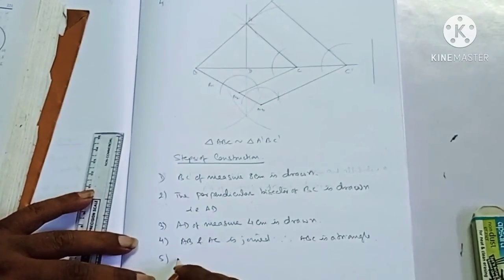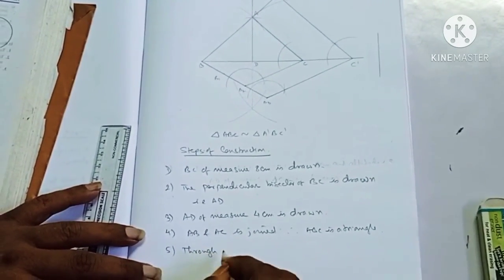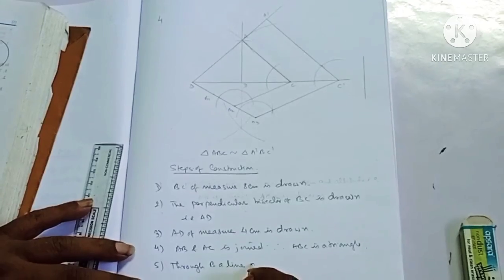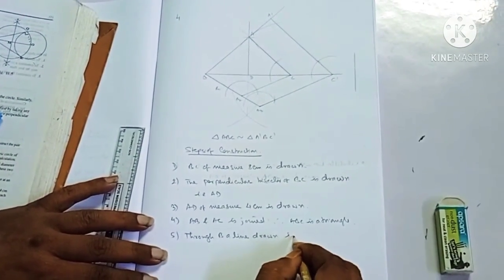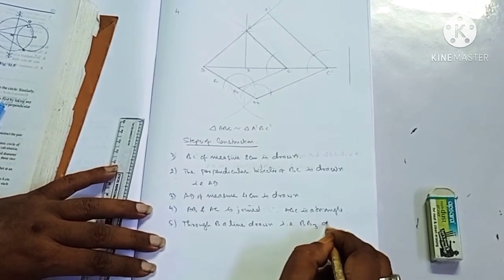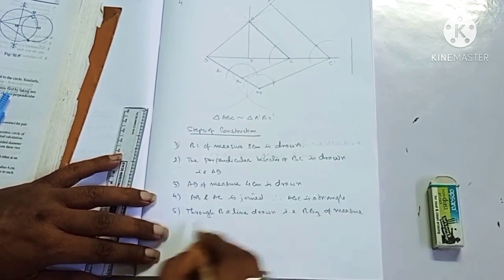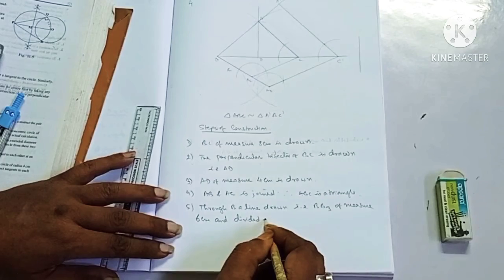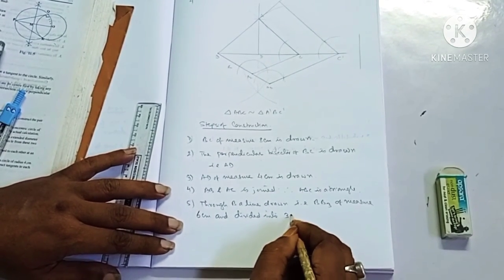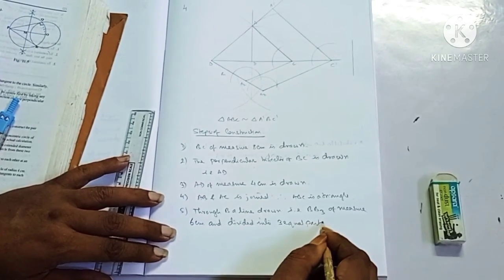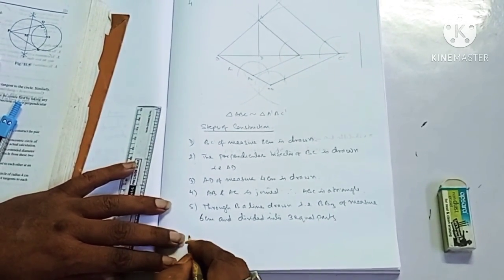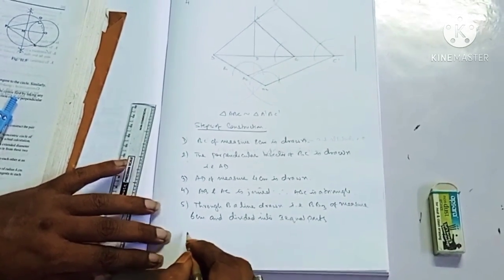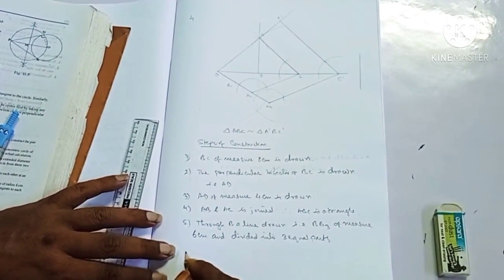Now, through B a line is drawn, that is BB3 of measure 6 centimeter, and divided into 3 equal parts.